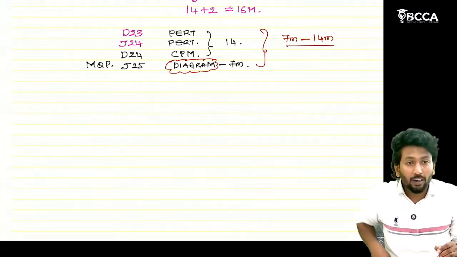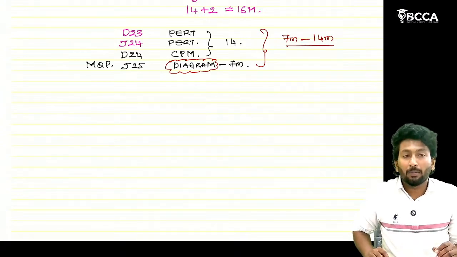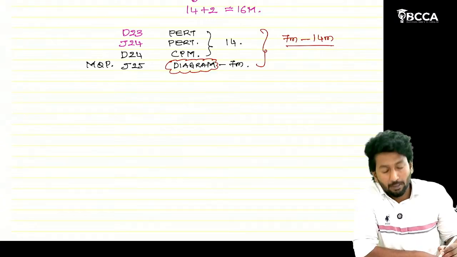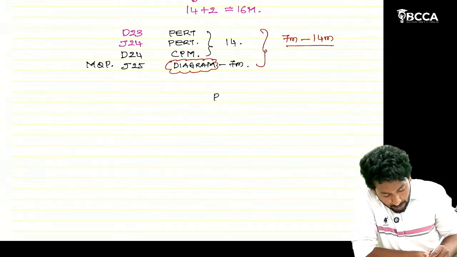So why this network analysis? What does project management mean? This chapter completely discusses project management. First of all, let us try to understand the difference between product and project.